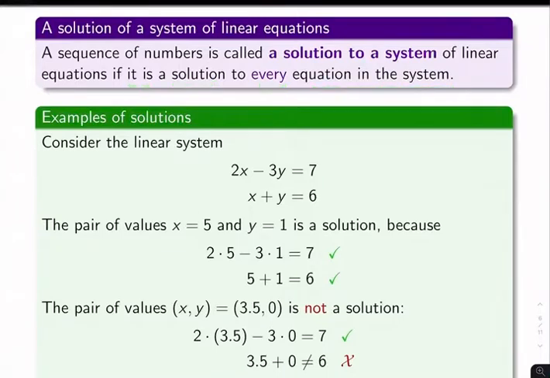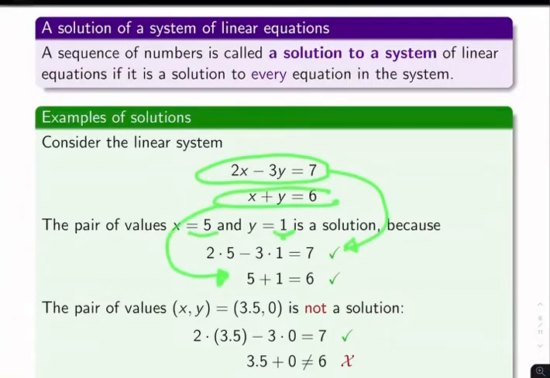Let's take a look at this linear system with two linear equations and two variables, x and y. The pair of values 5 and 1 is a solution because if we substitute 5 and 1 into the first equation, we do get an equality, and if we substitute 5 and 1 into the second equation, we also get an equality.